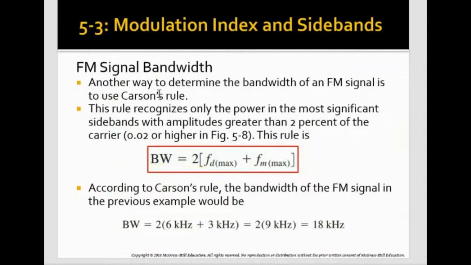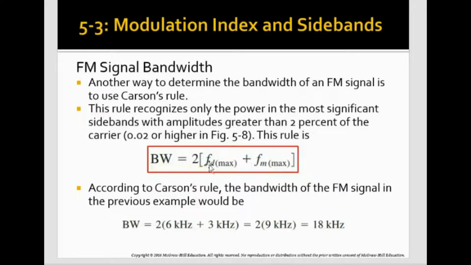Other than the method we just saw, another way to determine the bandwidth of an FM signal is to use Carson's rule. What Carson's rule tells us is that this rule recognizes only the power in the most significant sidebands, with amplitudes greater than 2% of the carrier, or 0.02 or higher.